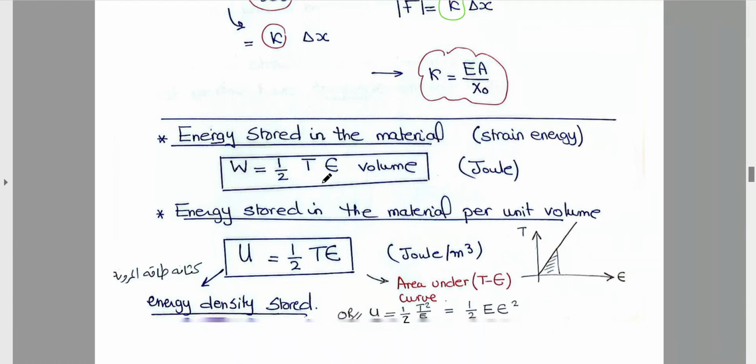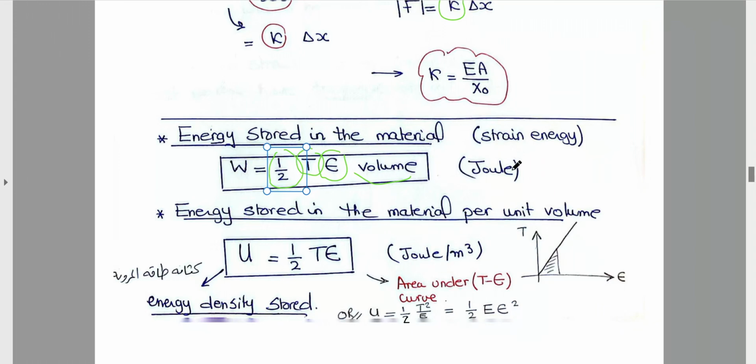The energy stored in the material could be calculated as half stress value, strain value multiplied by the volume. This is the energy which is capable of returning the initial dimensions of the rod after removing the stress.